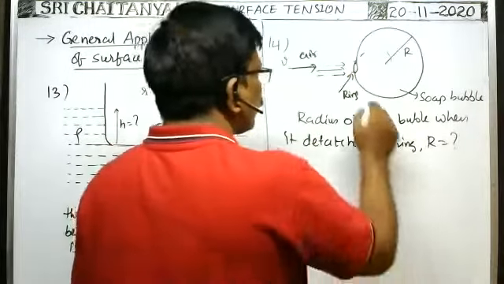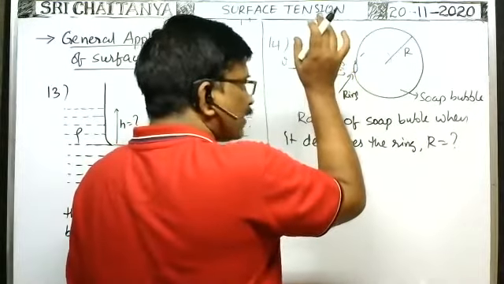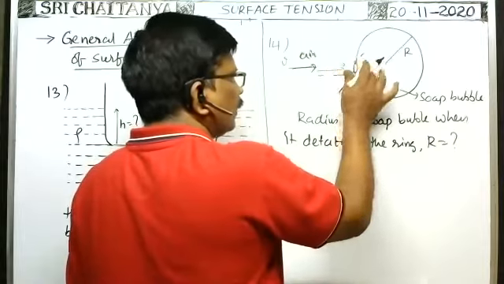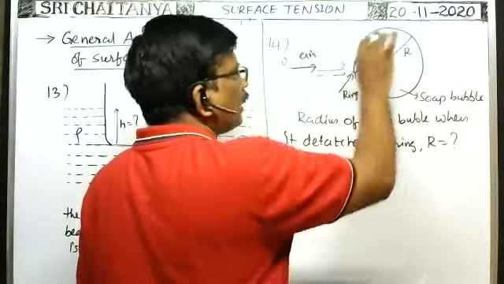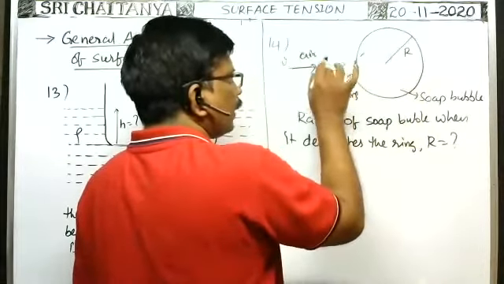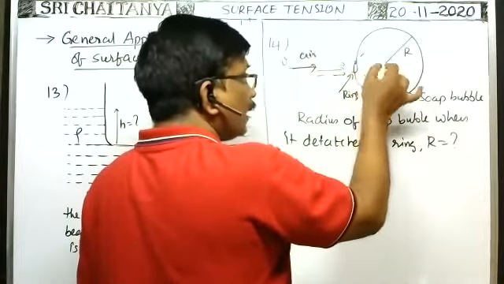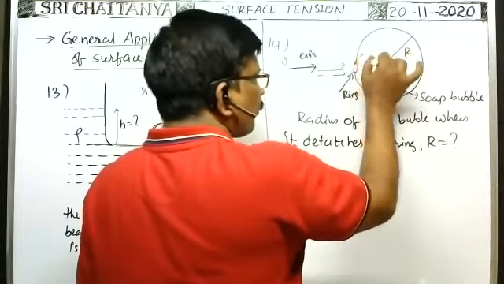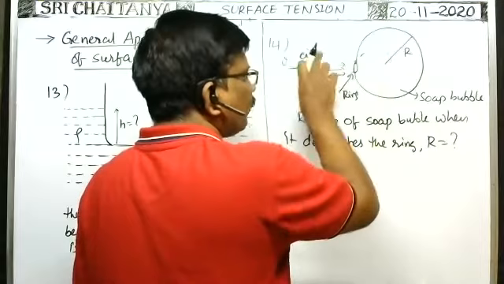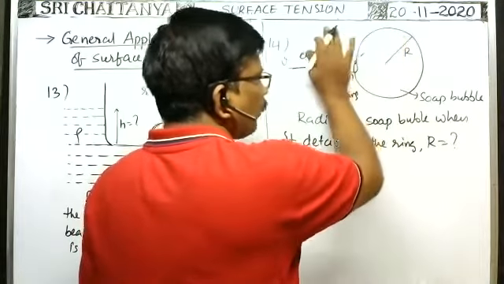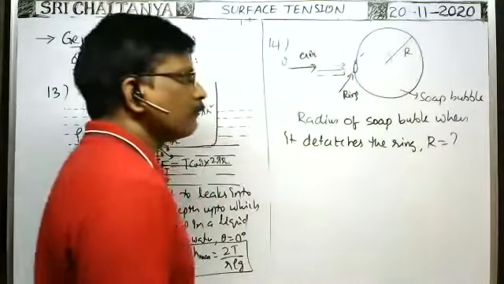Okay, now at a certain instant, the force exerted by the air entering the bubble balances the force due to excess of pressure. At that time, the air will not enter the bubble, and the bubble detaches from the ring.